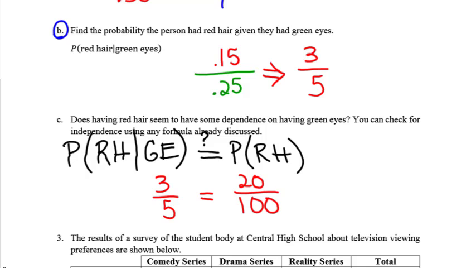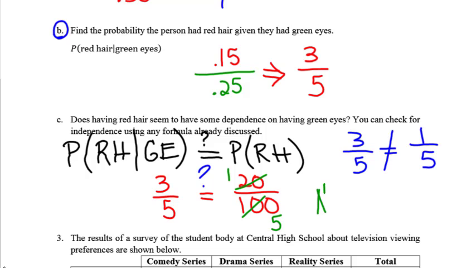We can reduce that: 20 goes into itself one time, and it goes into 100 five times. So then the question is, does 3/5 equal 1/5? Since they are not equal, the events of having red hair and having green eyes have some sort of relationship. So they are not independent.